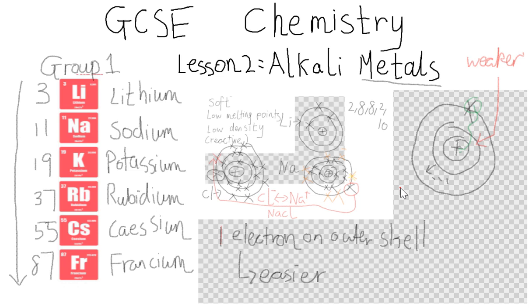So the nucleus has a weaker pull on the outer electron. Something like francium could easily combine in ionic bonding with a halogen element and become a compound, like from last class.